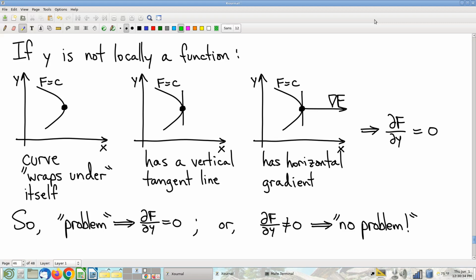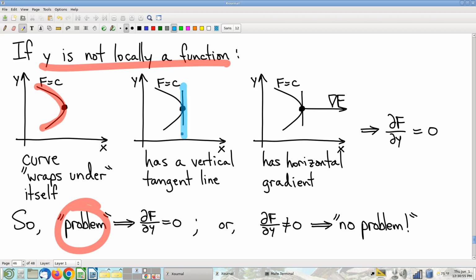We made the observation last time that if you do have what I'm going to call a problem, when you have a curve in the xy plane described as a level set, that's because the curve is wrapping under itself, which means that curve must be momentarily vertical, which means that the gradient of the function whose level set we're looking at must be horizontal, which means, just looking at what the components of that gradient are, the y component of that capital F function must be 0.